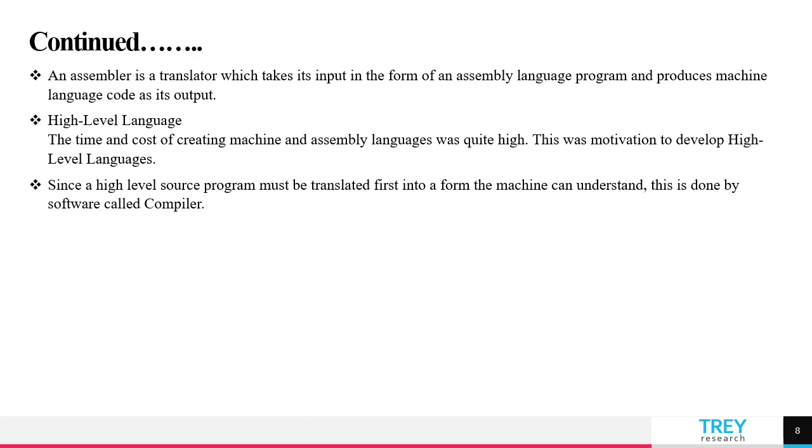The machine here simply refers to the computers. So that they can understand the high level language, it should be translated into their language, the zeros and ones machine language. This is done by software called the compiler. The compiler is responsible for translating the high level language into machine language so that the computer can understand it.